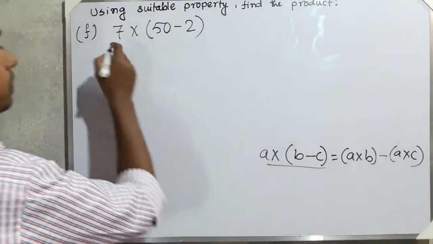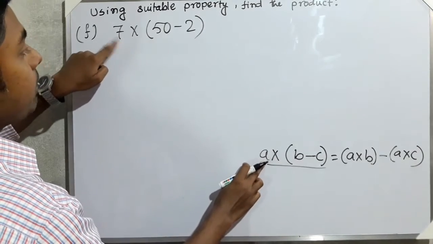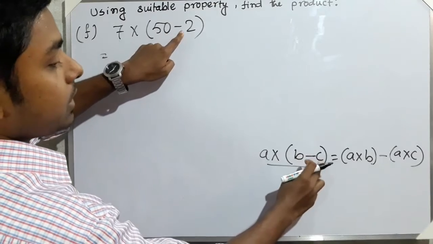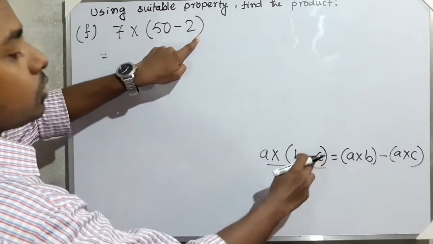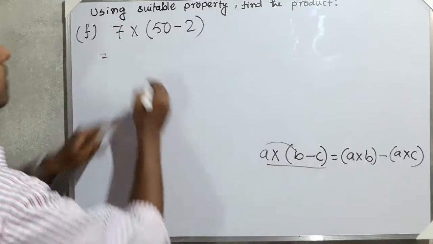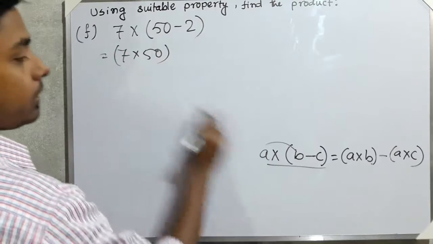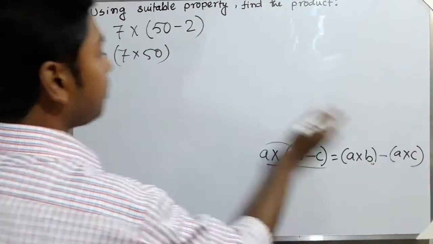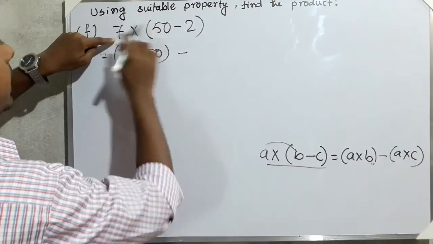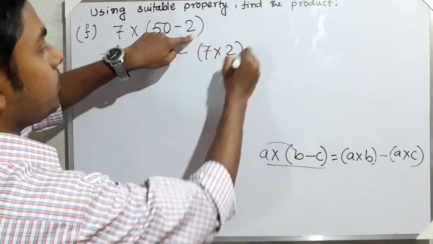At the place of a you have 7, at the place of b you have 50, then minus, and at the place of c you have 2. So first of all, a into b, 7 into 50, then minus a into c, 7 into 2.